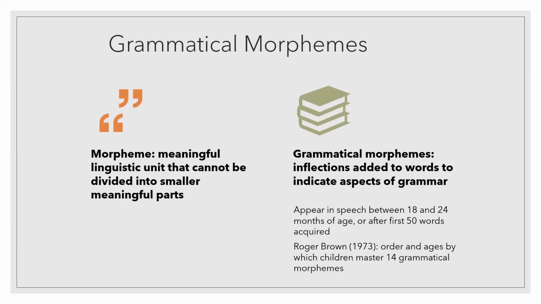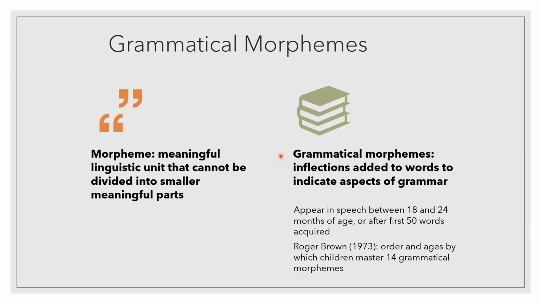All right, so let's talk about what grammatical morphemes actually are. A morpheme is the smallest linguistic unit that still carries meaning. So there you go. It can't be divided into any smaller parts. Now, a grammatical morpheme is some kind of inflection that's added to your word, and since we're talking about grammatical morphemes, it adds a piece of grammar.